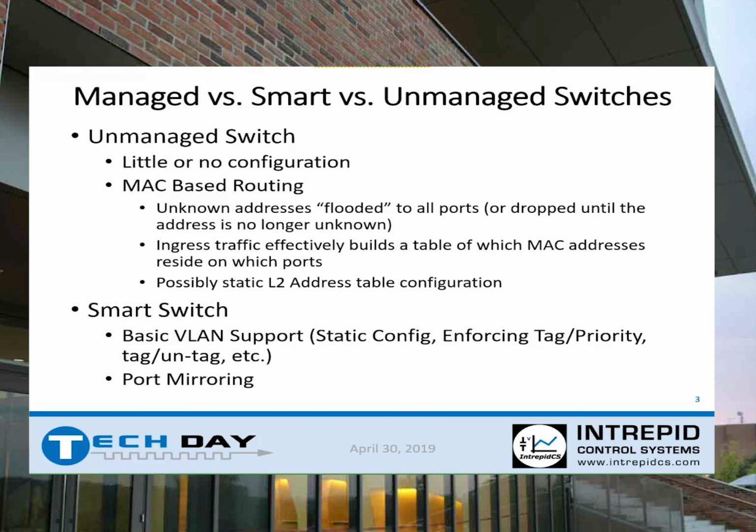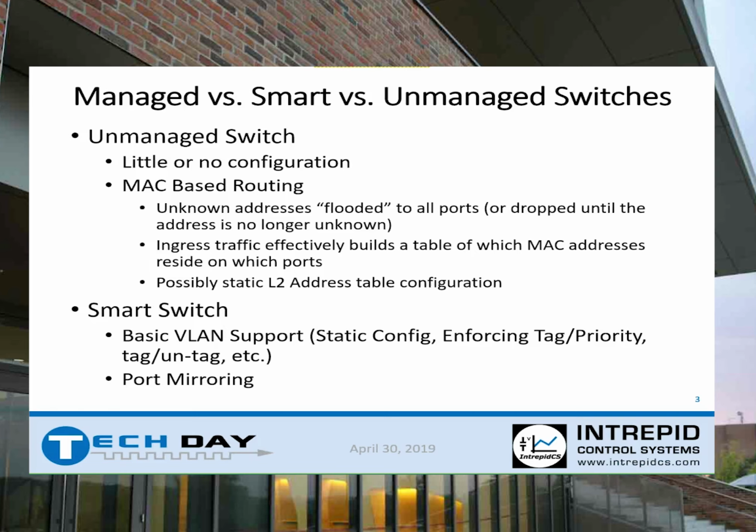The unmanaged switch, which is your bare bones, plug in your Ethernet cables and let it go. Little or no configuration, MAC-based routing. So unknown MAC addresses or Ethernet MAC addresses are learned by the switch.